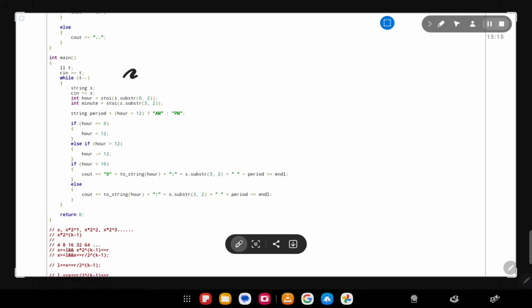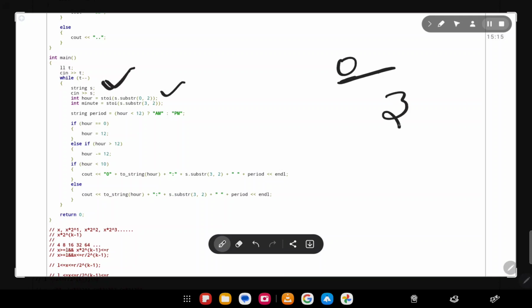I was taking the input in the form of a string, and then from index 0 I was considering the first two parts of the string, then from index 3 I was considering the last two parts of the substring.